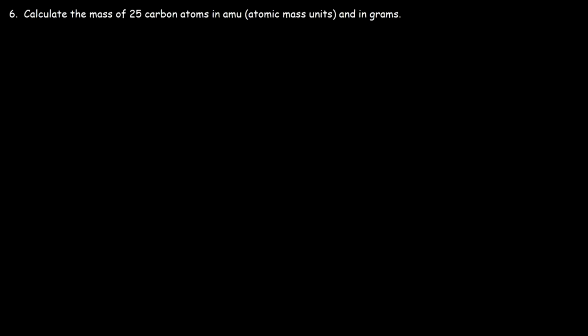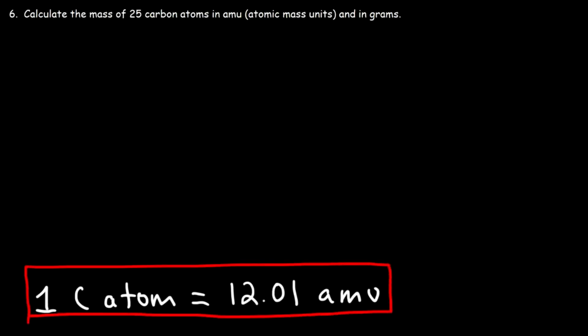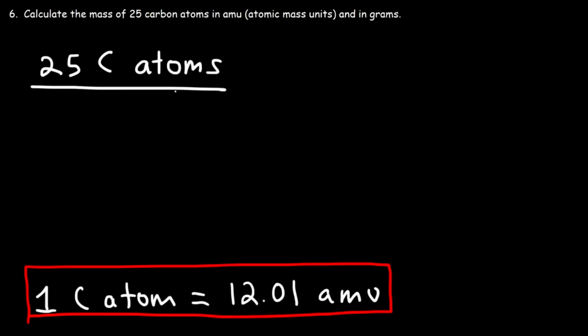So we can write a conversion factor. We could say that 1 carbon atom has a mass of 12.01 AMU, atomic mass units. So if that's the case, how many atomic mass units are present in 25 carbon atoms? So we're going to set it up as a conversion problem. We're going to start with what we're given, 25 carbon atoms, and then use this to convert it to AMU.